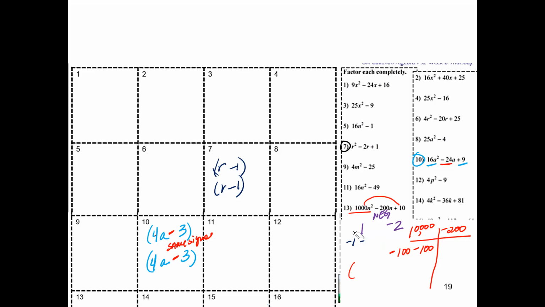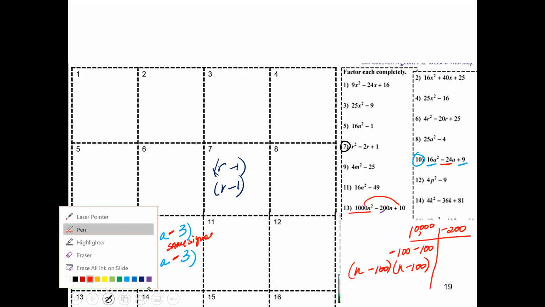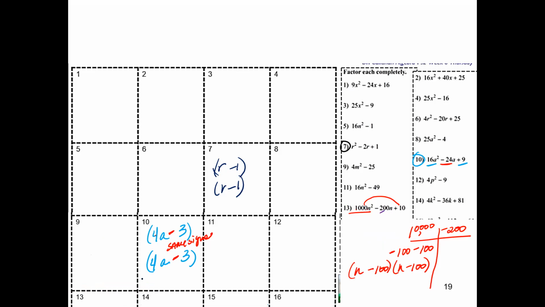You'll have, hold on a second, let me get rid of this one here. n minus 100, n minus 100. But actually, that's not going to work. Let's see here. How do I want to proceed with this?